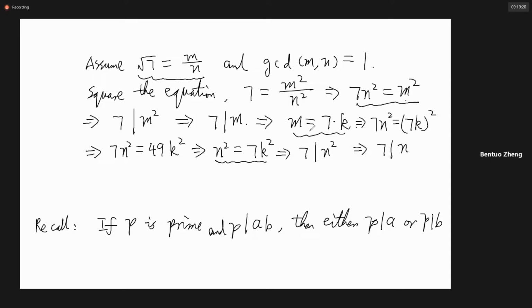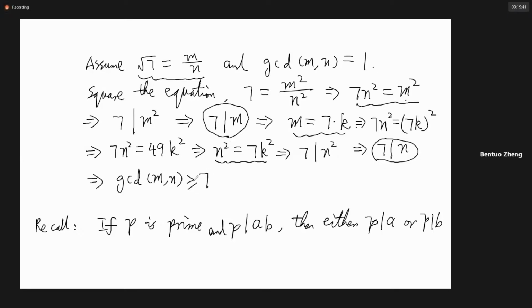Okay, now what do we get? We get 7 divides m and 7 divides n. So these two things would imply the greatest common divisor of m and n would be greater than or equal to 7, because 7 is already a common factor.